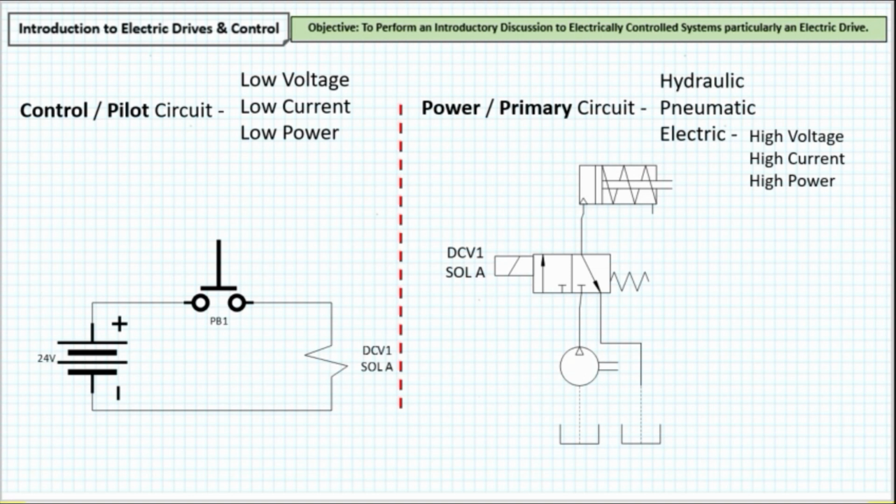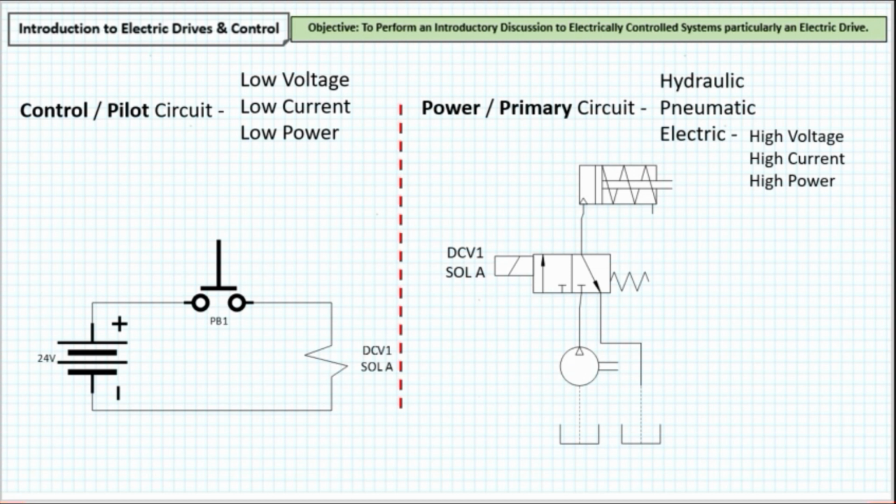A hydraulic circuit, a simple circuit of a 3-2-way directional control valve with a single acting cylinder. So the control circuit again is in charge of signaling the power circuit to take action. The power circuit responds to the request of the control circuit. What we should always remember here is that they are very electrically isolated.